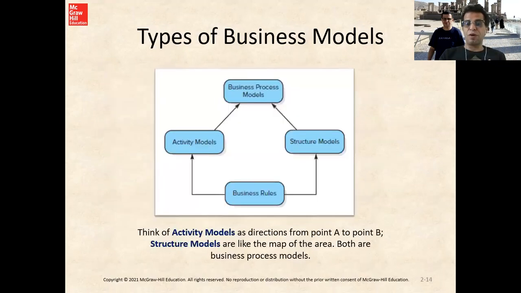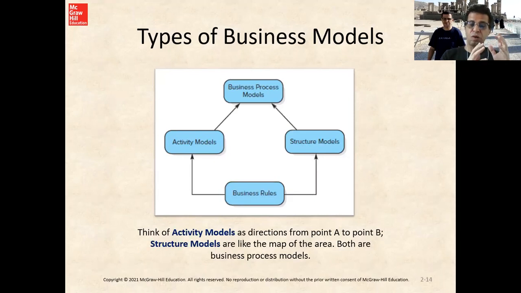Here is a sample of a business model. And you notice that a business process model is a result of some kind of business rule, and for the business rule there is some kind of structure model and activity model, and then both together will be combined. Think of the activity model as the direction from point A to B, like the ship we said.